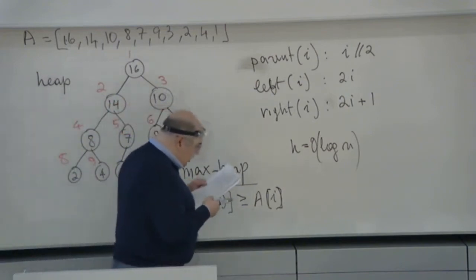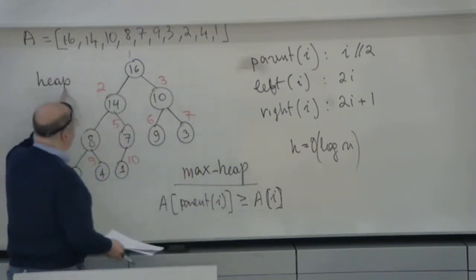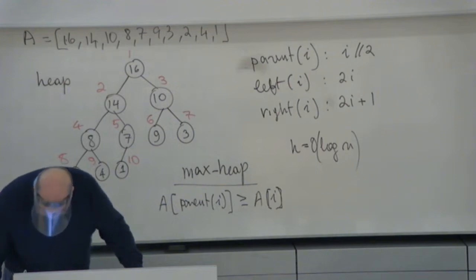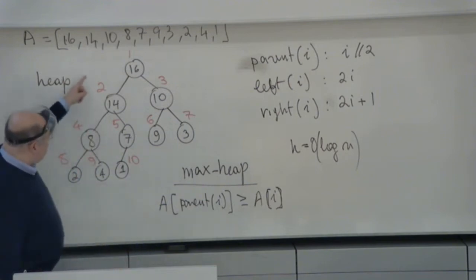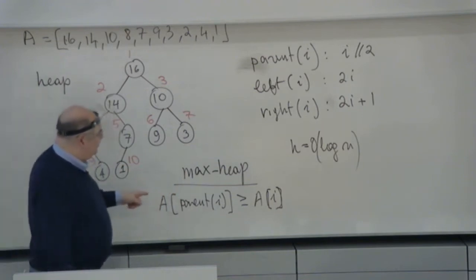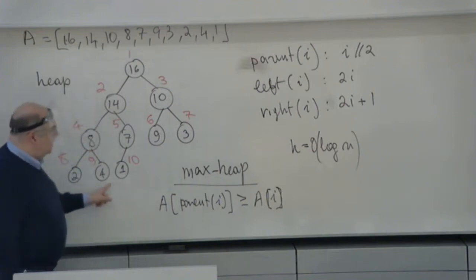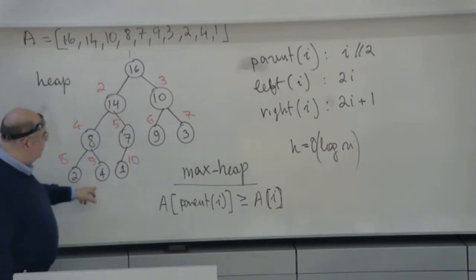So let's see now. Of course, in general, when you start from a tree, this was a special case, but aren't the nodes 8, 9, 10 at the same level? Yes, they have the same height, of course. But we are interested in having a relation between the height of the tree and the size of the heap.